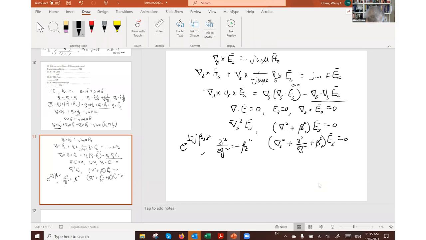And hence this becomes now the transverse Laplacian plus beta S square, which is the reduced wave equation that we had previously, where beta S square is beta square minus beta Z square, some sort of a reduced wave number. So, to make the long story short, this term can be simplified to that, and this transverse Laplacian is just a negative of this thing.